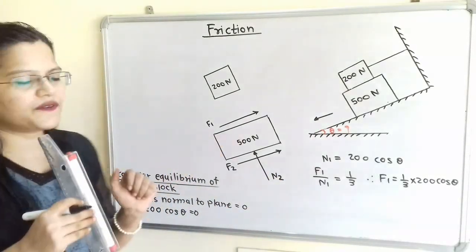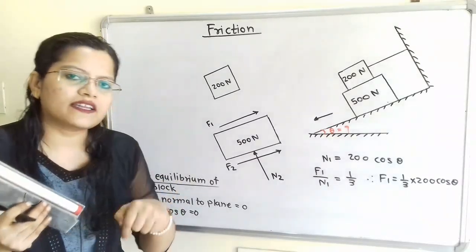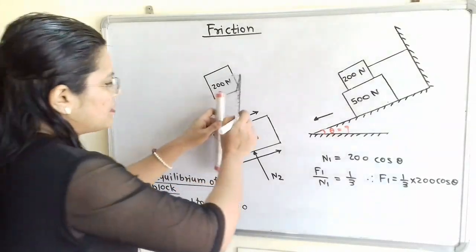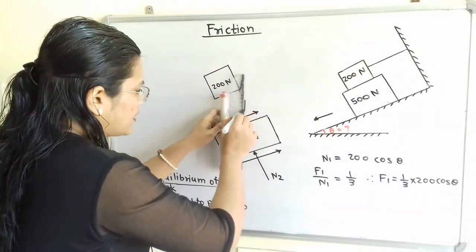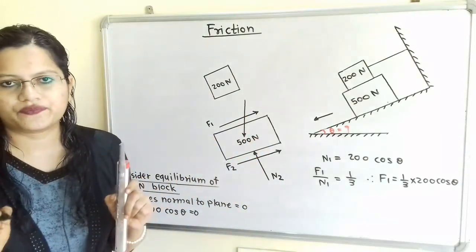Now the weight of this 500 Newton block. Weight always acts in the vertically downward direction passing through the center. So we will show here, in the vertically downward direction, the weight, and it is 500 Newton.